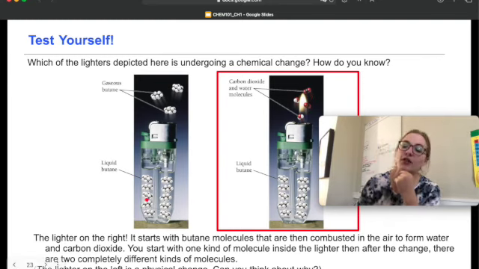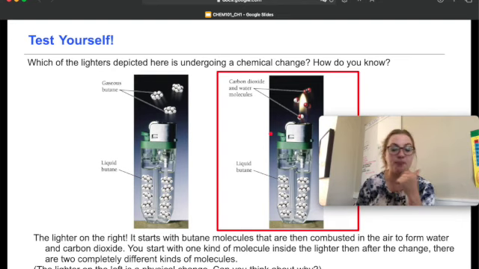So if we want to think about why the left-hand lighter might represent a physical change, this is like when you actually push the button and strike a lighter and you actually light it, whereas if you don't hit the wheel and you don't strike the lighter and you just push the button, you'll find that you have liquid butane on the inside, and all you're doing is releasing that liquid butane into gaseous butane outside the lighter.